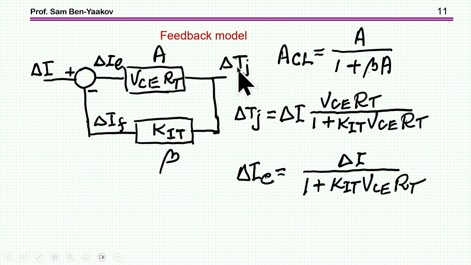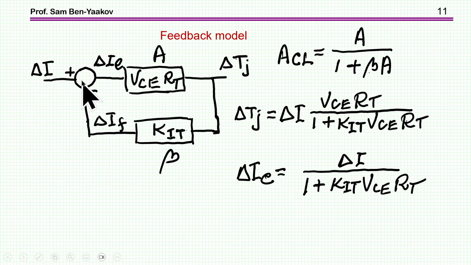Now this change in temperature times this coefficient that I have found is causing a change in the current back in a negative way, and this is summed up with the initial forced change. So we have here a feedback loop.